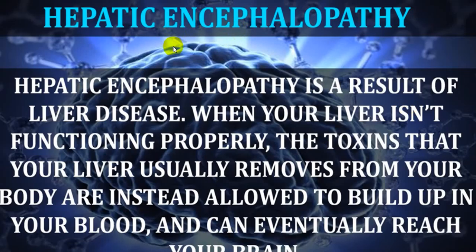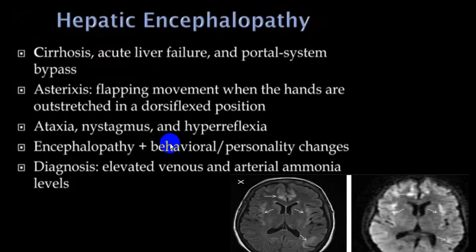Hepatic encephalopathy, we have already mentioned, will be because of acute liver damage or chronic liver damage, where you will have an excessive collection of ammonia, and that will have bad effects, plus a lot of other toxins and metabolites which will affect the cerebral hemispheres, producing hepatic encephalopathy.